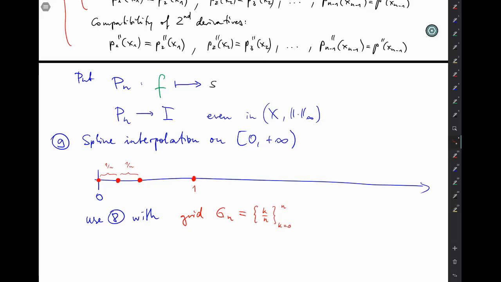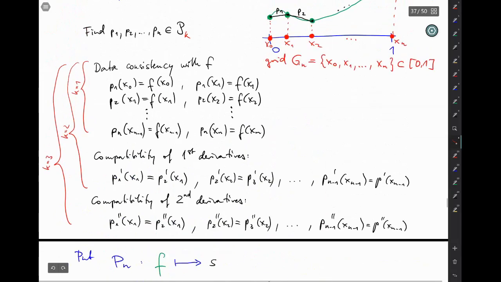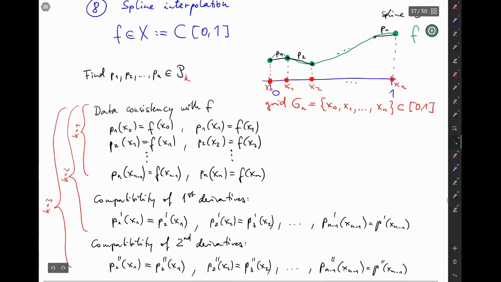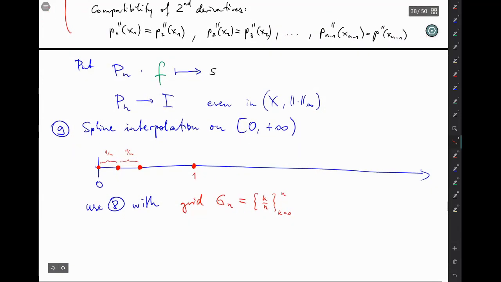Now you say, hang on, this is just giving you a good grid for the previous example where you want to sample your interval from 0 to 1, finer and finer, which is of course what you're doing here. So the new idea is to not end at n, but carry on until n squared.